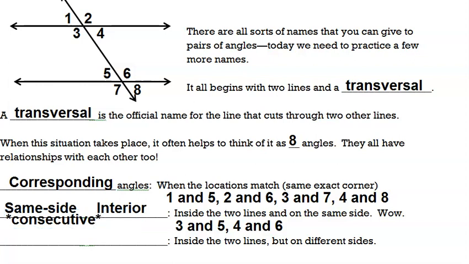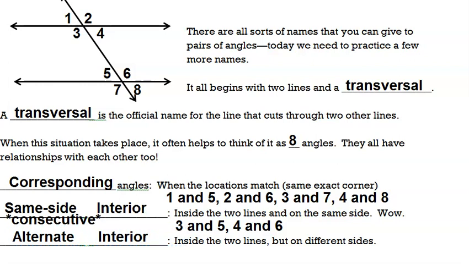All right. So the next one, we're still talking about inside the 2 lines, but now they are on different sides. They are on alternating sides. You've got one on the left, one on the right. So what do you know? Alternate interior. Again, sometimes we are not very creative, and that's okay.